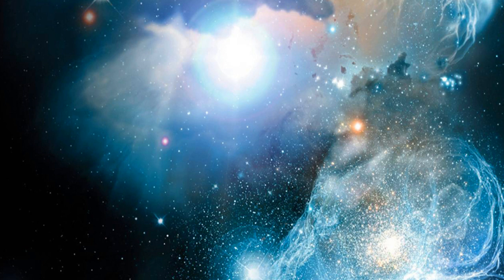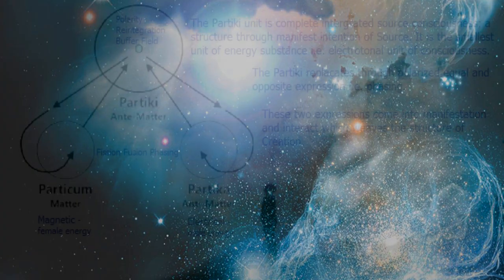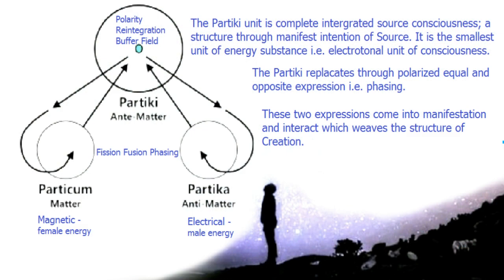I'm going to read through this again so we can follow context. The particuli unit is a complete integrated source consciousness, a structure through manifest intention of source. It is the smallest unit of energy substance, that is to say, electrotonal unit of consciousness.